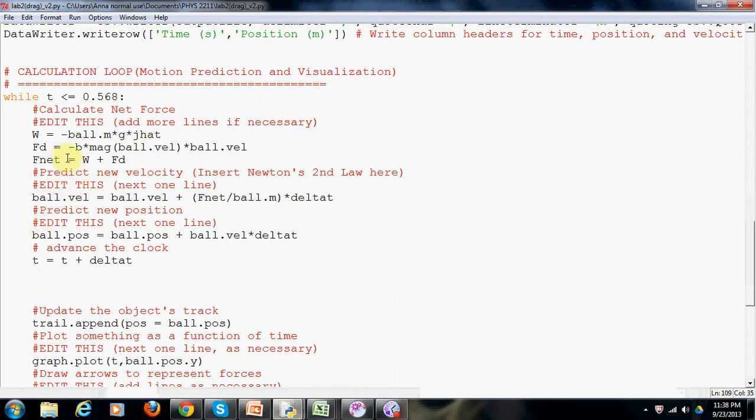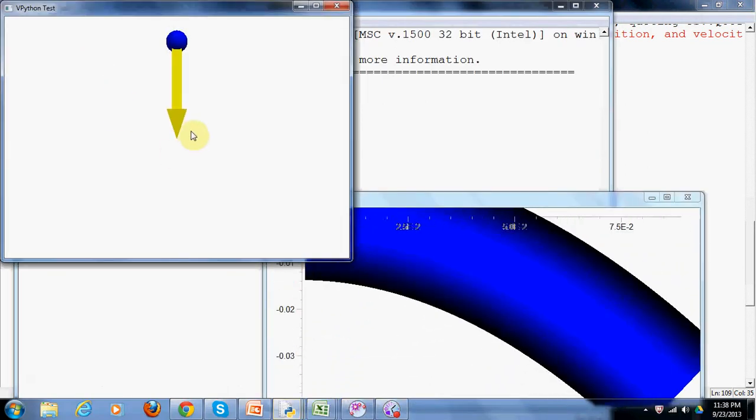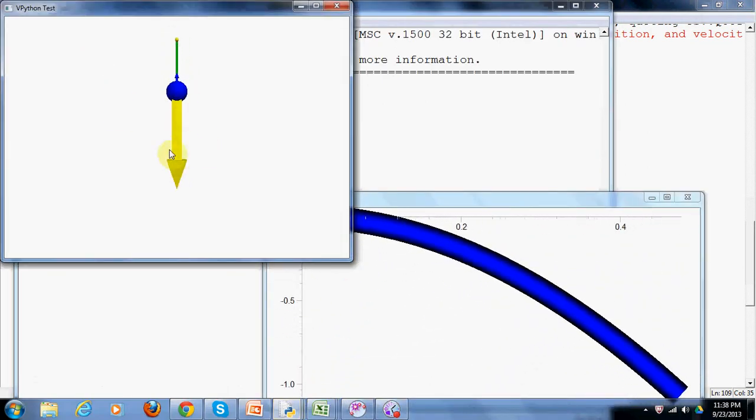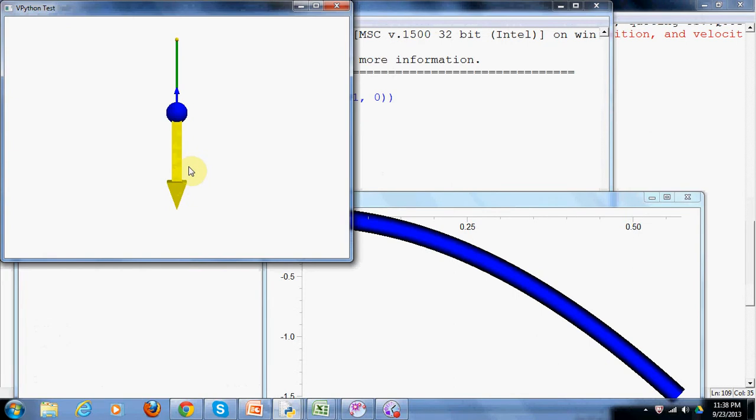And F net is equal to the weight force plus the drag force, and here's our model. As you can see here, there's a big arrow which is representing the gravitational force, and another arrow going against the gravitational force is the drag force, and thus it is slowing down the object.